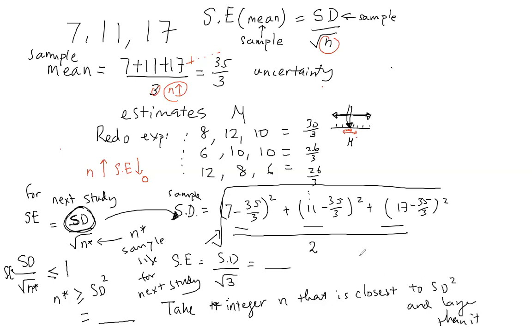For example, if your n star is 12.2, then you will take n to be 12. So it's basically just a conceptual question, with some very simple algebra.